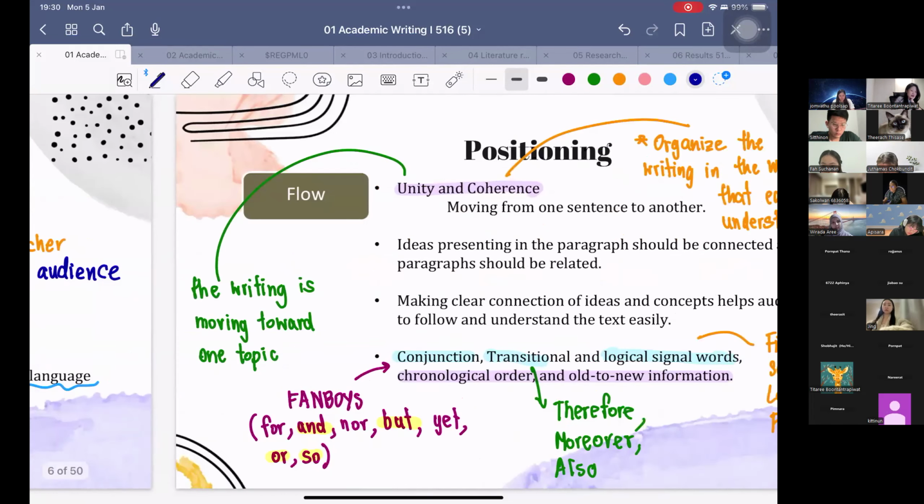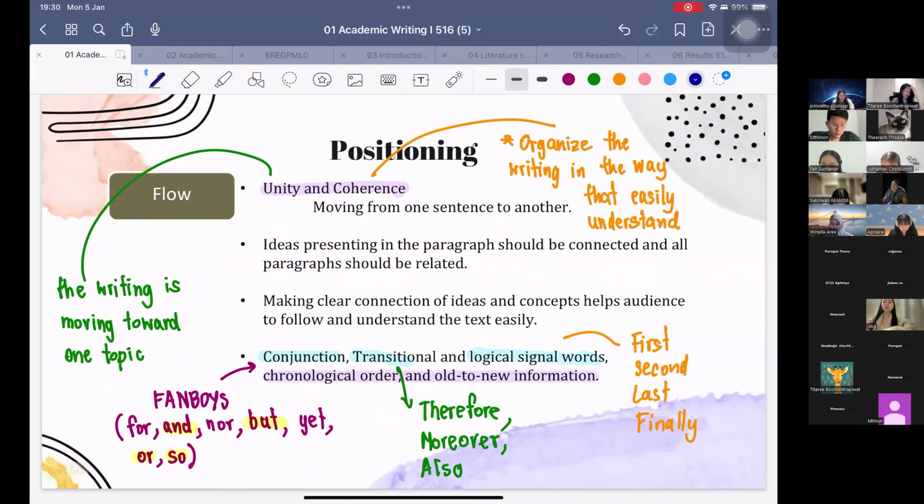The next one, unity and coherence. I'm sorry, this is a lot. The flow of the writing. To start off, your writing needs to have some kind of flow. Flow means that everything needs to be linked together.